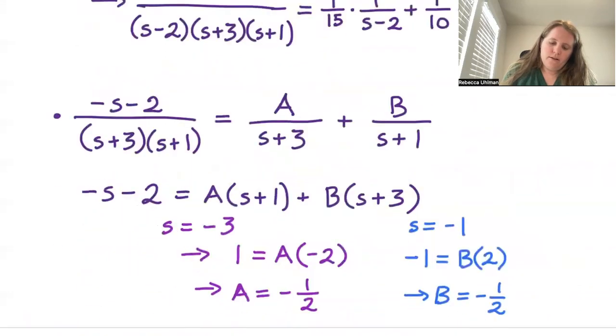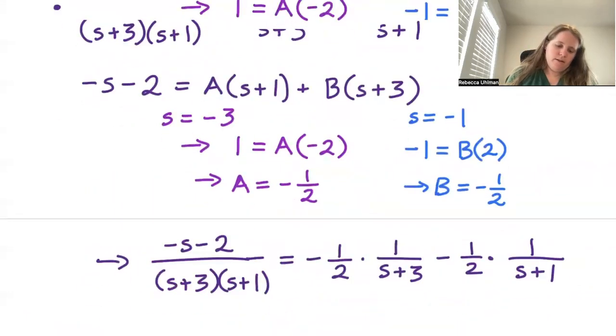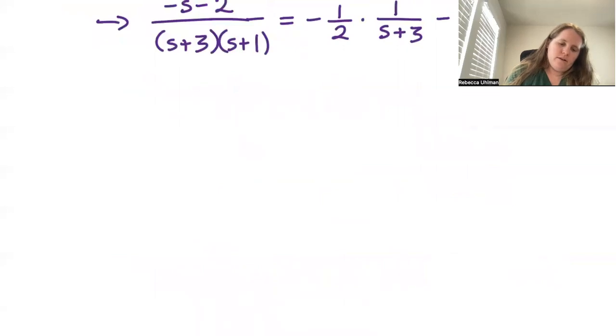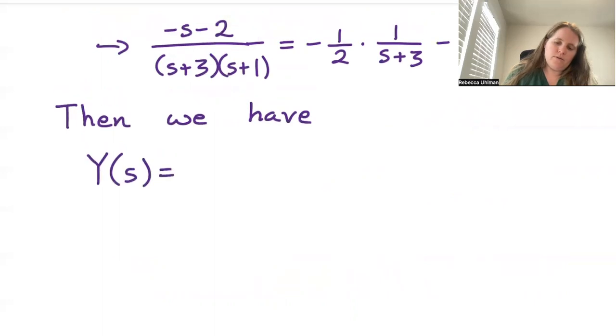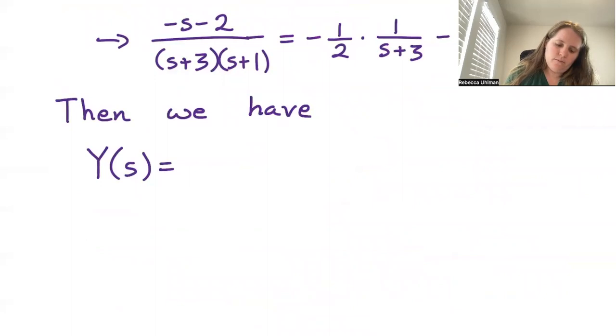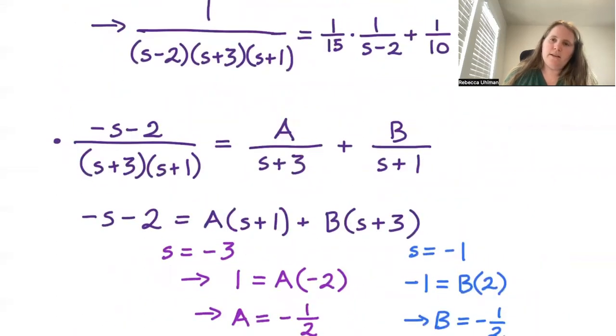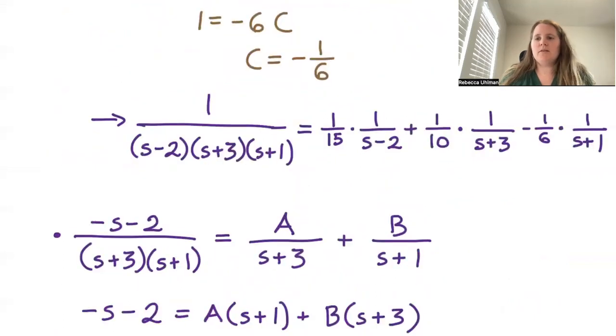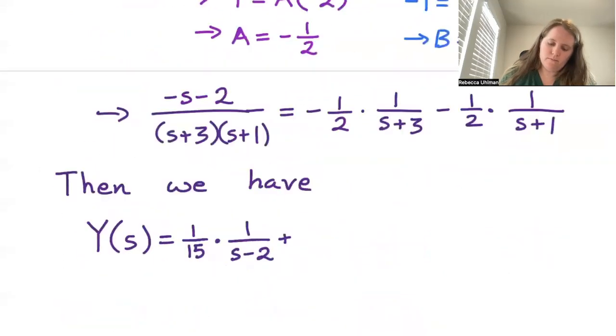All right, so at this point, what we have is the capital Y of s is equal to 1/15 times 1 over s minus 2 plus 1/10 times 1 over s plus 3 minus 1/6 times 1 over s plus 1.